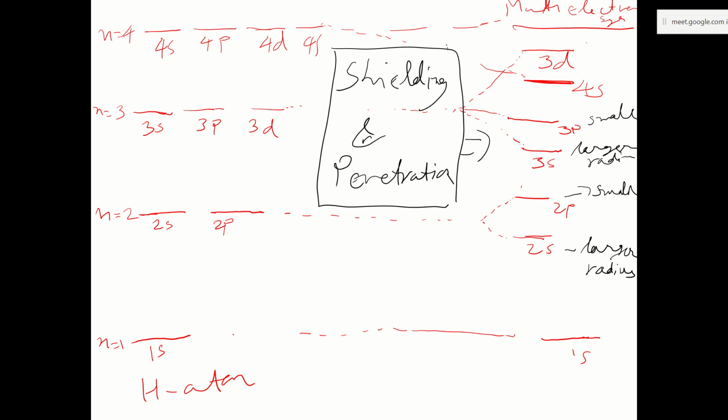One more thing I want to tell you. Whenever we talk about penetration, we treat that orbital as part of the outermost shell.